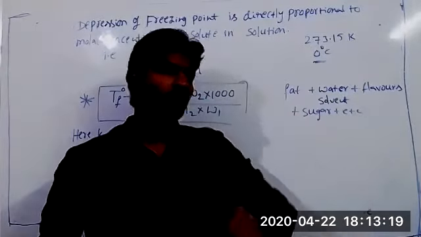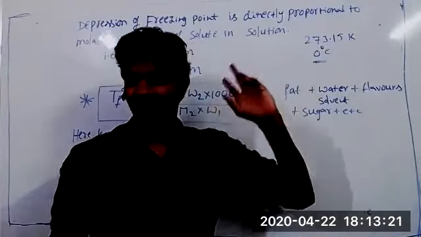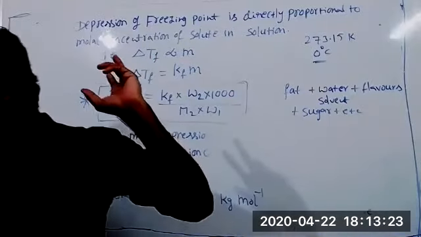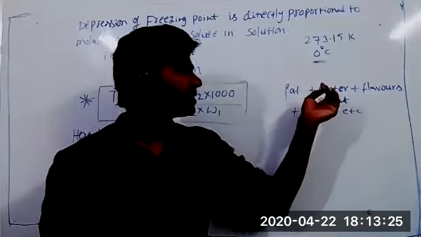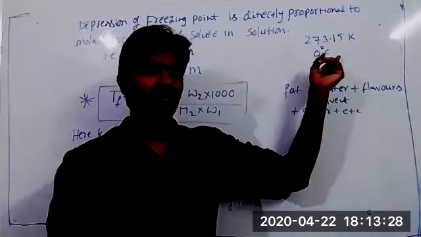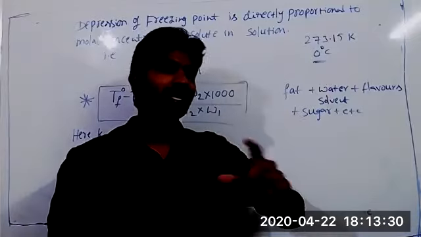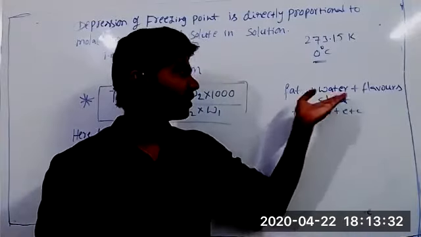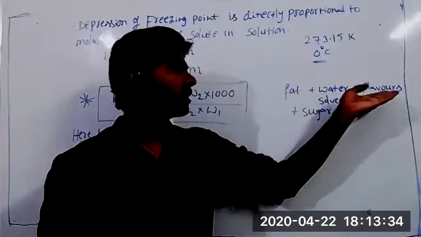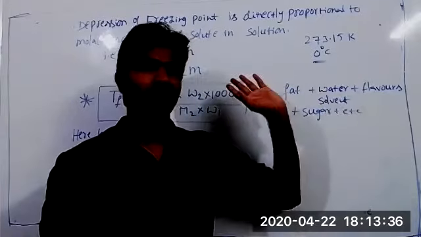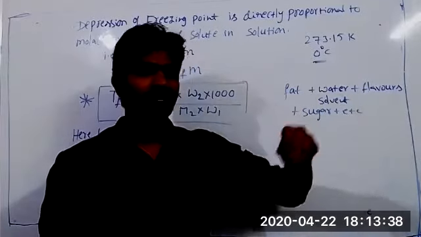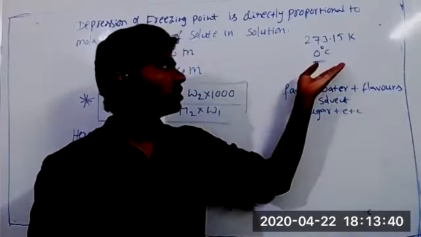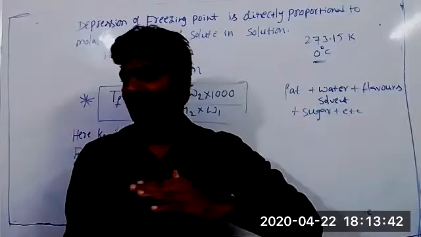To prepare a chocobar, is 0 degree sufficient? The ingredients present in a chocobar are fat, milk, water, some flavors, sugar, etc. Many solutes are present in that water. So is 0 degree centigrade sufficient or not?